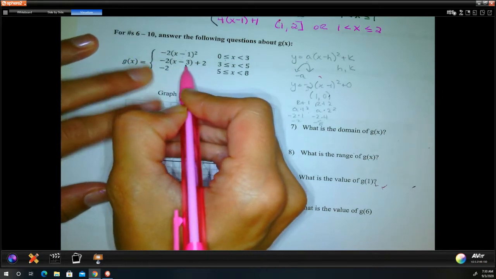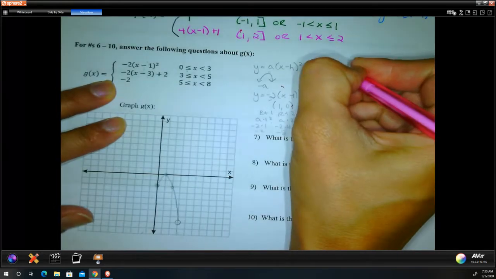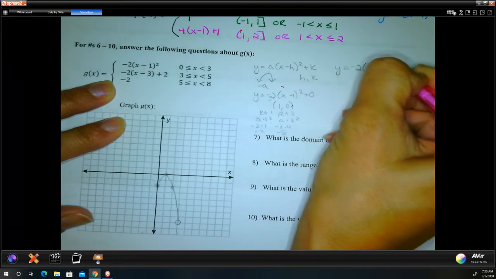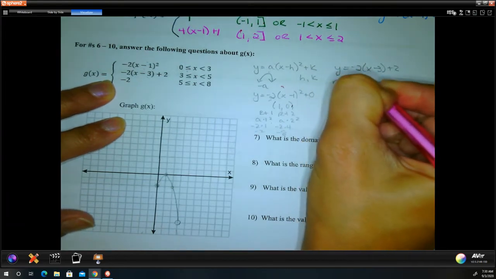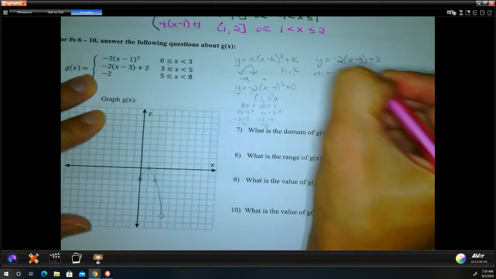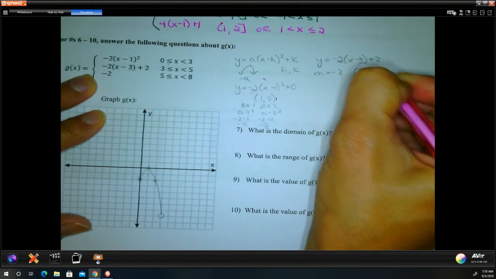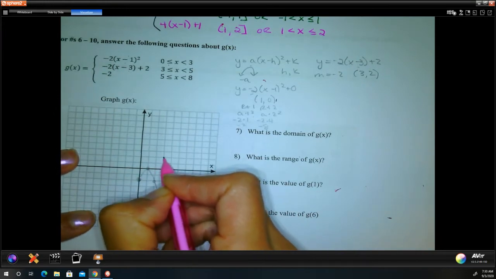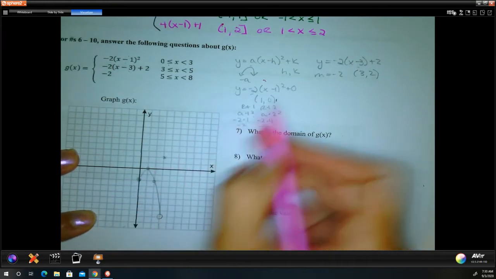All right, the second function here is a linear. This is point slope form, modified point slope form, excuse me. I can see that my slope is negative 2 and my point is the opposite of negative 3, and then 2. So I'm going to start 1, 2, 3, up 2. Here's my point and my slope is negative 2.